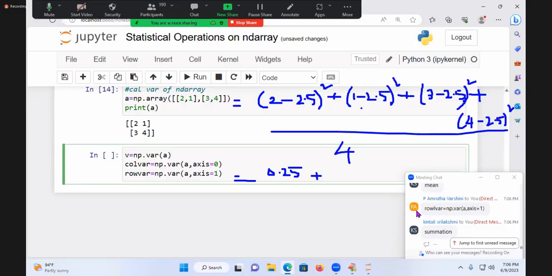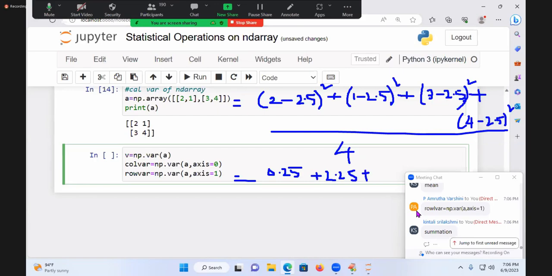Plus 1 minus 2.5 means what? 1.5. 1 minus 2.5, how much, students? 1.5 whole square is what? 2.25. 1.5 into 1.5 is how much? 2.25. You don't have such small mathematics knowledge, how is it.